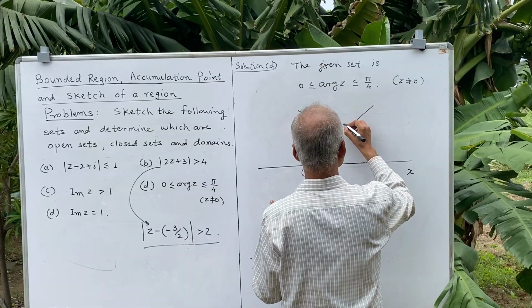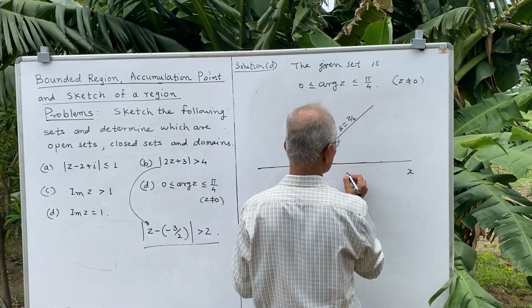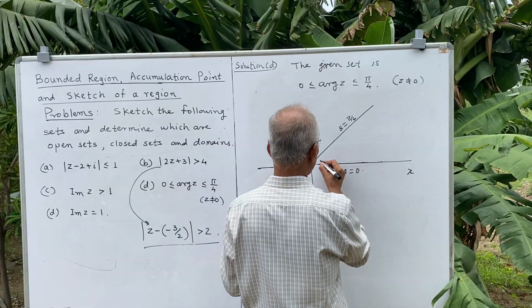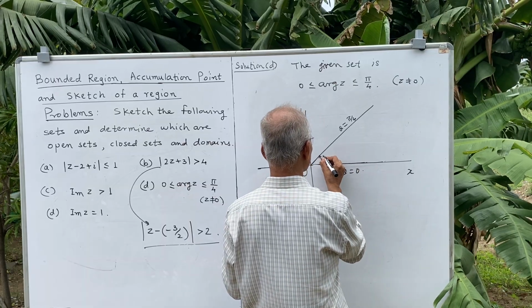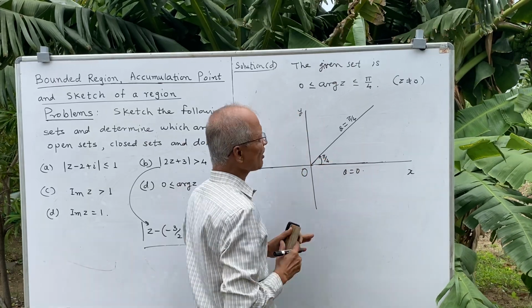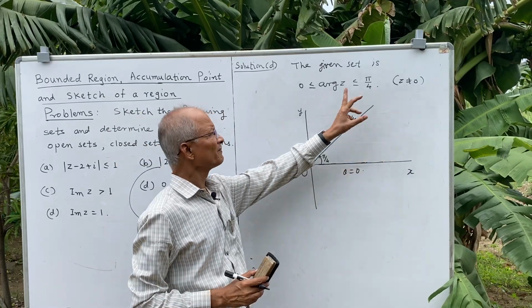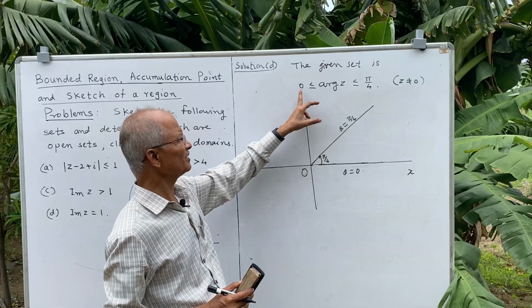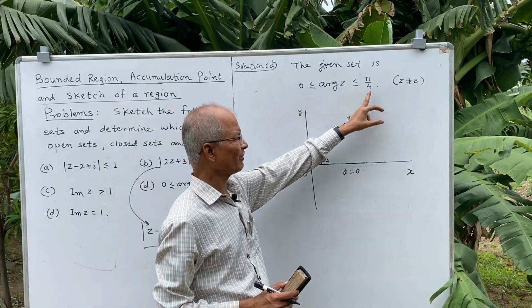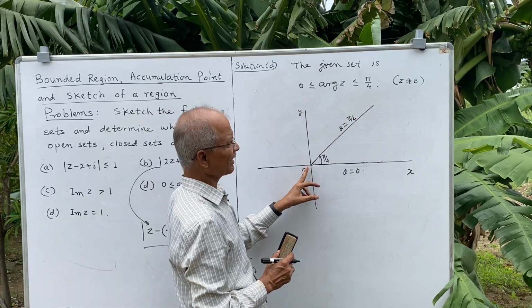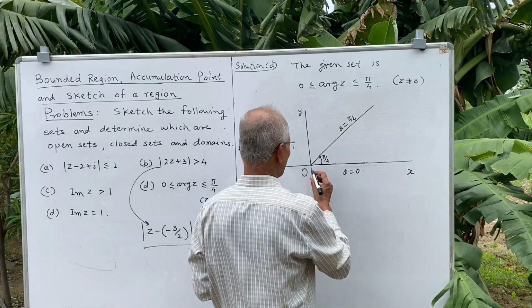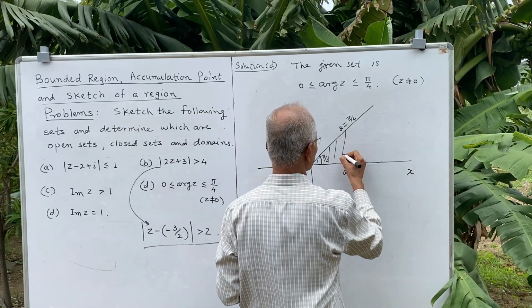So this is theta is equal to pi by 4, and this is theta is equal to 0, and this angle is pi by 4. So all those points which lie in this segment is the set whose argument is between 0 and pi by 4, but the origin is excluded from this.